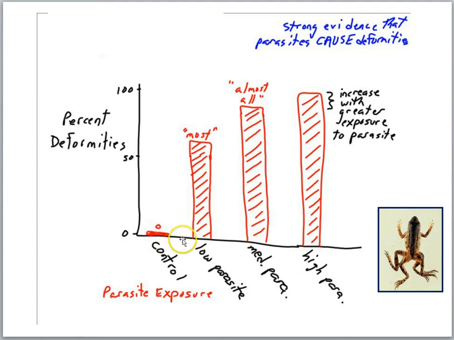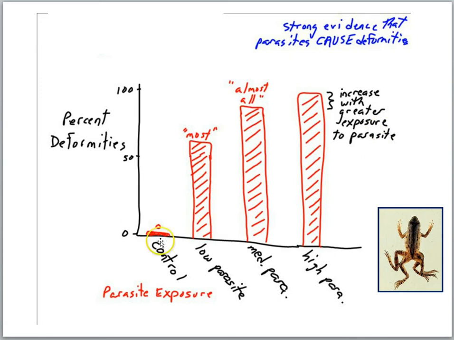But beyond that, notice what happens as you go from low to medium to high in the parasite exposure, you get an increase in the number of deformities. This is called a dose-response effect. We'll just call it the dose effect. By increasing the dose, the amount of parasite exposure, you're getting a greater effect. That also is extra evidence that parasites do cause deformities.